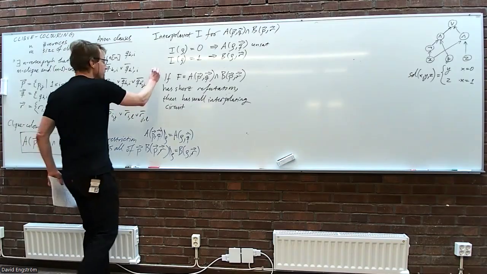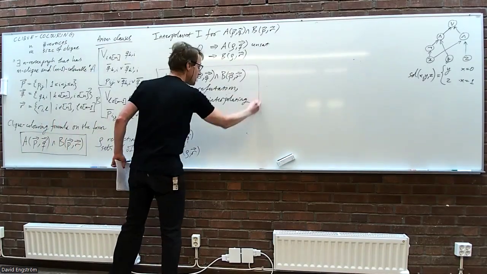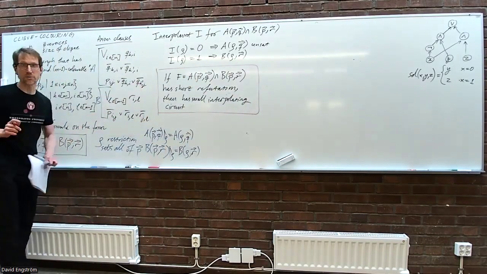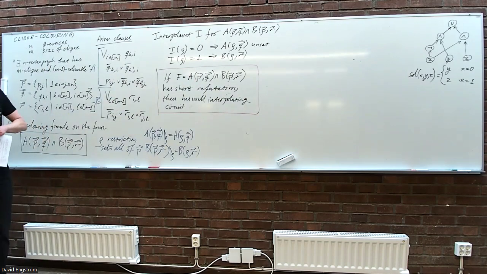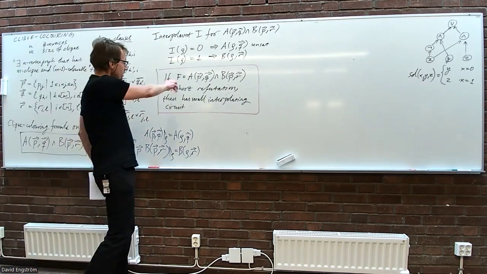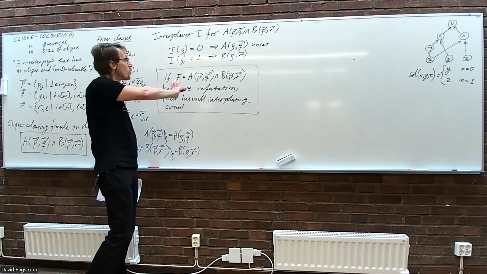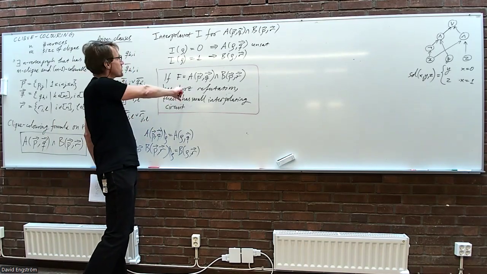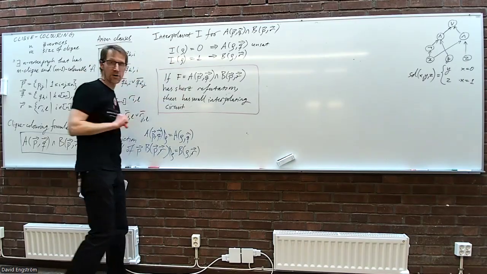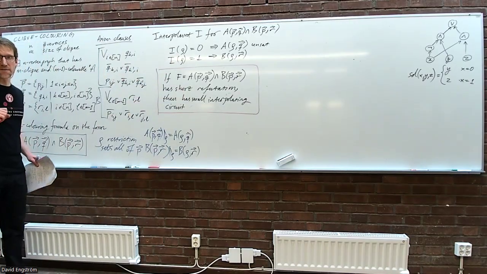Obviously, we need to make precise exactly what we mean, but this is what we're going to do today. So if F has a short resolution refutation, then we're going to be able to construct from the resolution refutation a small circuit that computes this. Does this make sense?